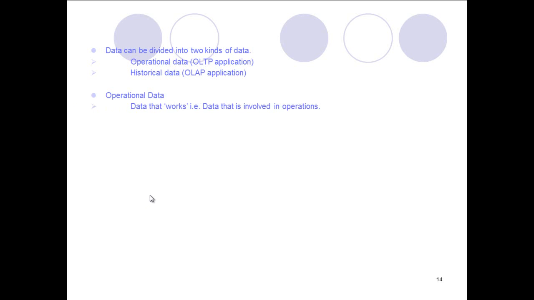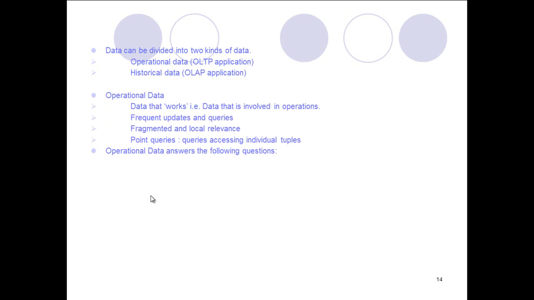So data can be divided into two types: operational and historical. Operational data is data involved in operations: frequent updates and queries, fragmented and local relevance, point queries accessing individual tuples. Operational data answers the following questions: what is the balance in your account?